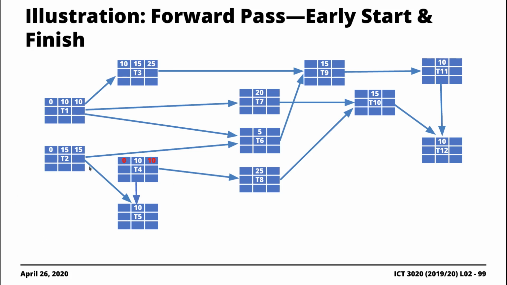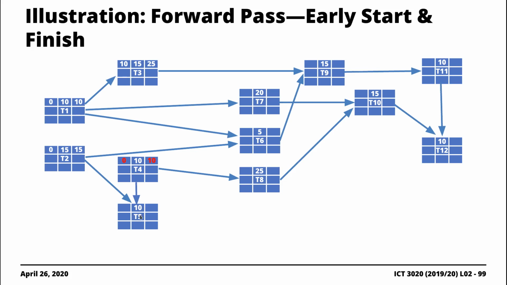T5, on the other hand, has a somewhat unique trait here. It has 2 arrows pointing to it. Now, when you have 2 or more arrows pointing to an activity and you want to compute the early start date, what you do is you get the maximum value of the early finish dates associated with the tasks on which that particular task is dependent.